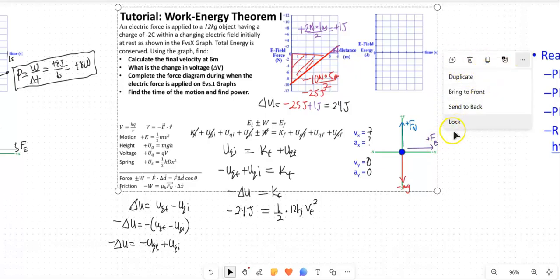Okay, so when we put this number in right here, by the way, this should have been a negative number right here. So this is going to be a negative of a negative 24 joules, right? Negative 25 plus 1, negative 24 joules. So this is going to be 24 joules, and that's going to be equal to 6 kilograms, V final squared.